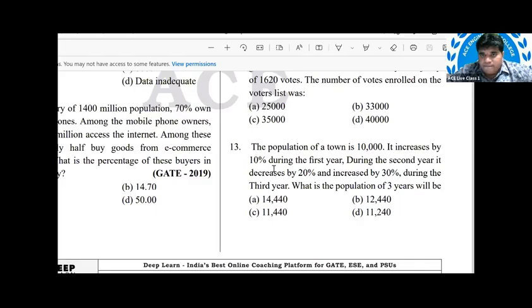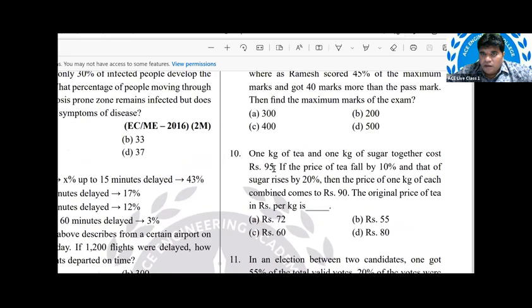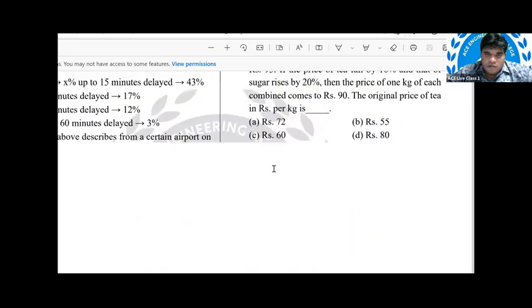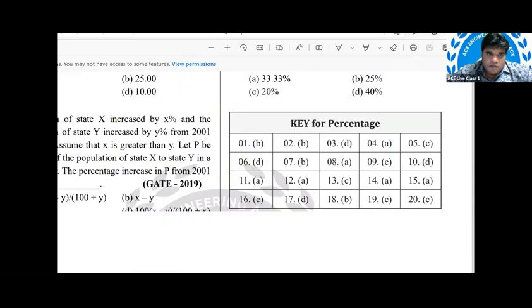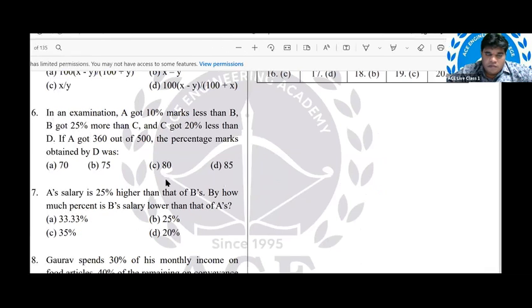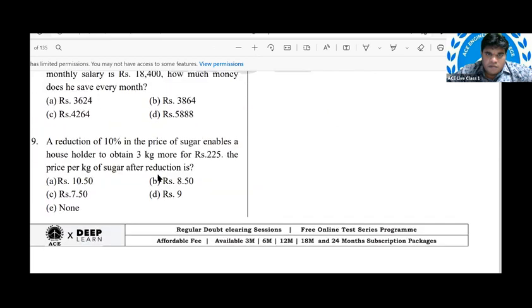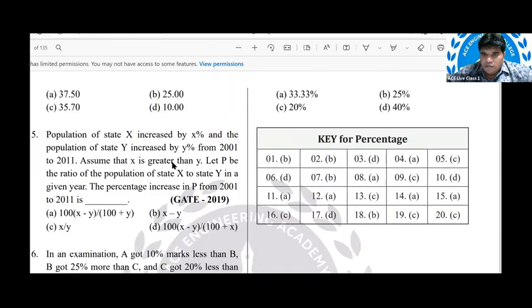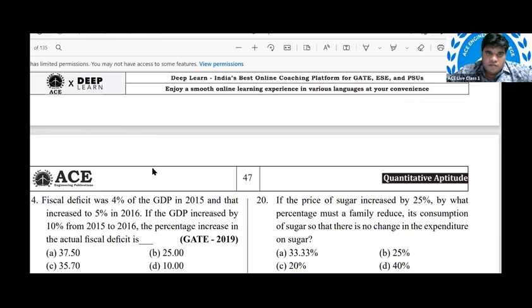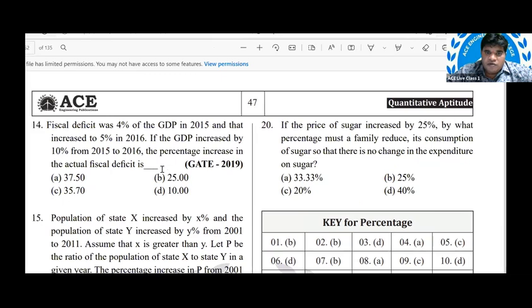Completed. 8th model. We have one more model. Now come to the material again. These two GATE questions remain, we wanted to discuss.